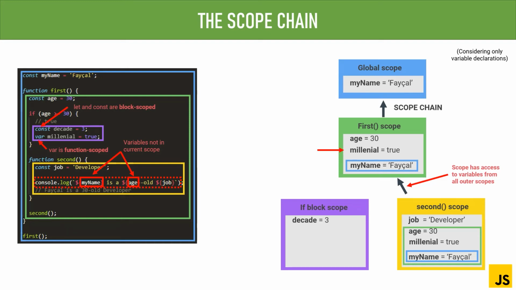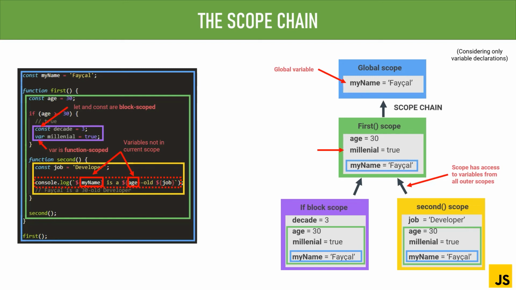Therefore in our if block scope, we get access to all the variables from all its outer scopes, so from the first function scope and of course from the global scope. That's why I said in the last slide that variables in the global scope are accessible from everywhere. They are, because they are always at the top of the scope chain. In fact, we call variables in the global scope global variables.